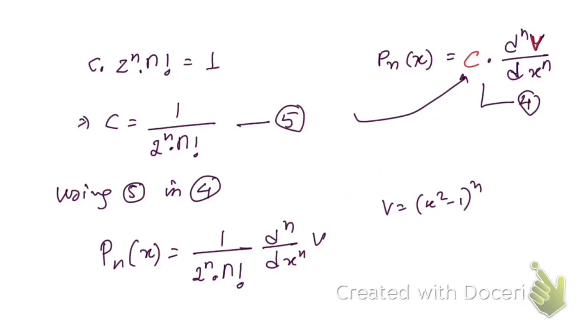So we're going to put that value as well. Therefore we can write, V is equal to x square minus 1 whole to the power n. That was equation number 1 if you check the first slide.